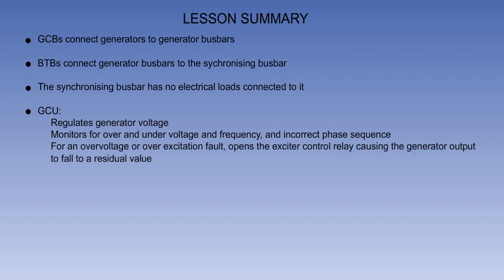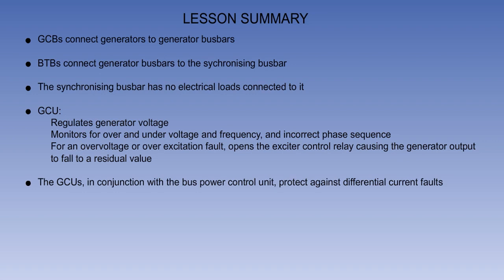If the generator develops an overvoltage or overexcitation fault, the GCU will open the exciter control relay, causing the generator output to fall to a residual value. The GCUs, in conjunction with the bus power control unit, protect against differential current faults.